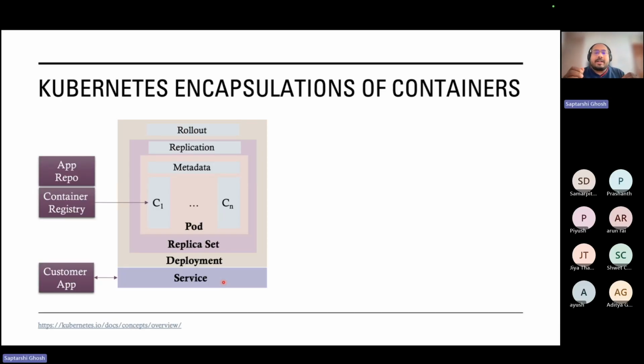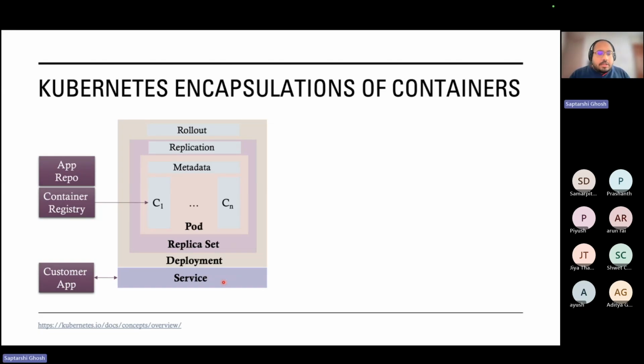So a service is not an encapsulation on top of a deployment. It is a different entity, but there's a mapping: if I want to create a service, let's say S1, I should say this service is targeting a particular deployment D1, so that D1 gets access to the network and the customer can communicate with the code that lives inside the deployment as containers.